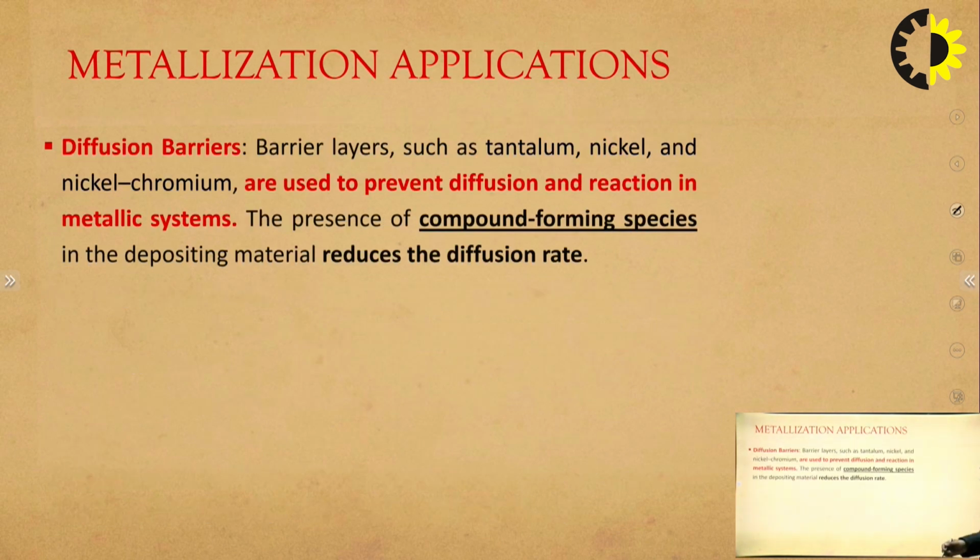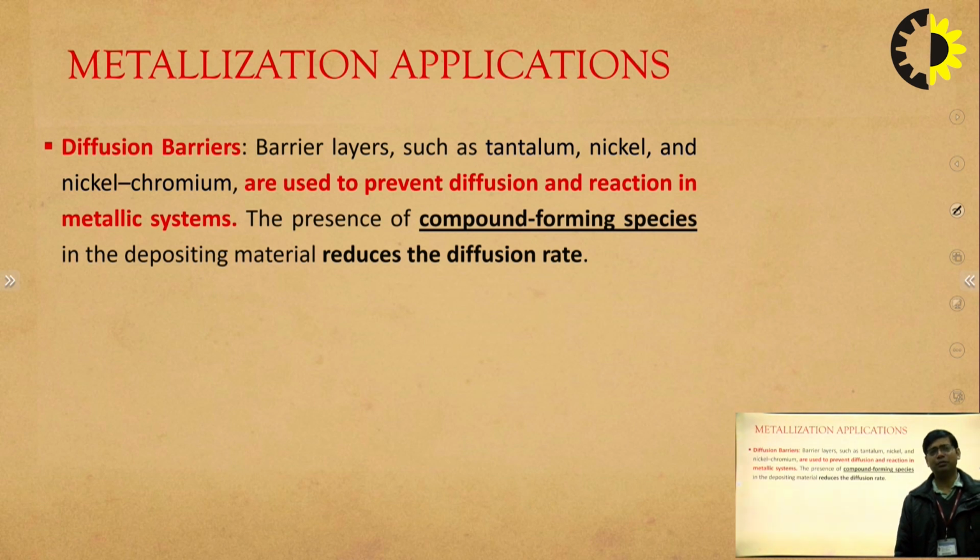Now, another application of metallization is diffusion barriers. Barrier layers such as tantalum, nickel and nickel chromium are used to prevent the diffusion and reaction in metallic systems. We know that when we do any process at a higher temperature, diffusion happens: diffusion of the impurities from a higher concentration region to a lower concentration region.